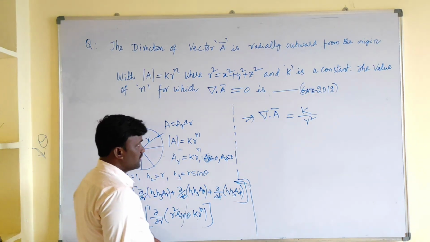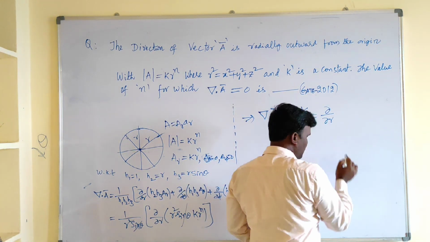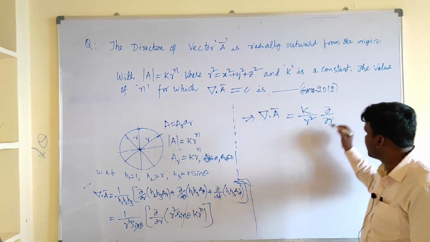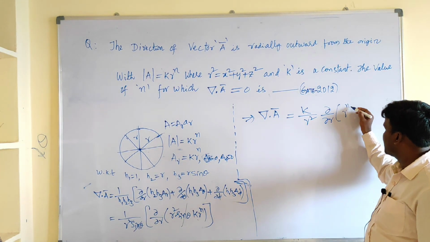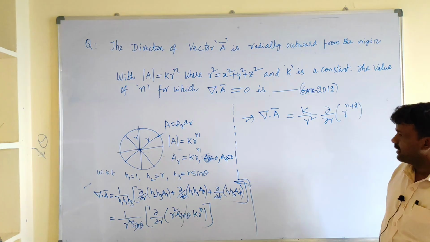K by r square, dou by dou r of the remaining part, r square into r to the power n, that is r to the power n plus 2.